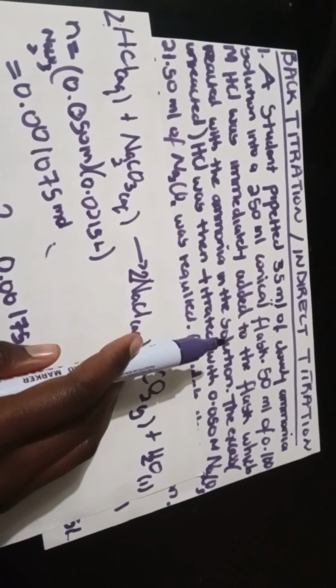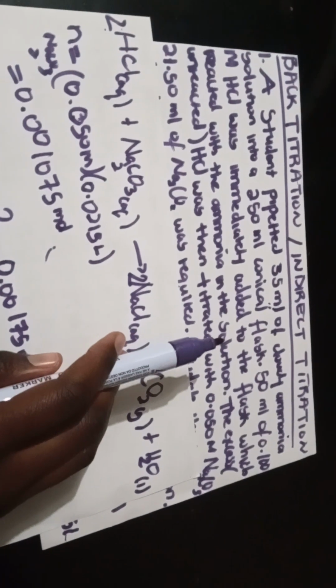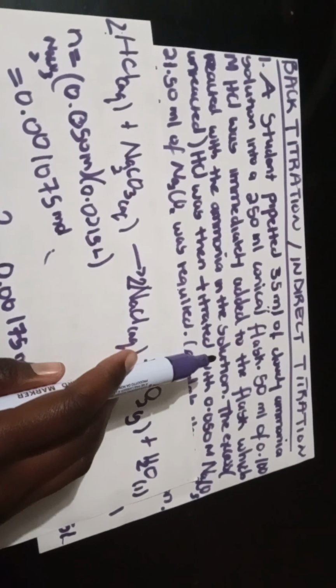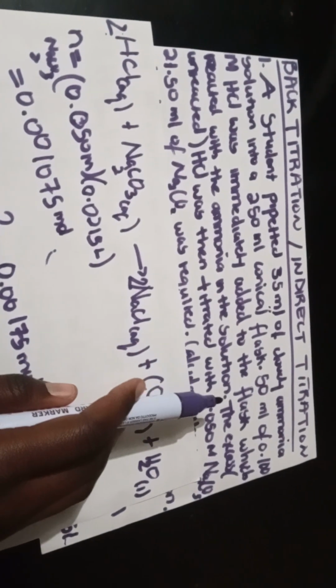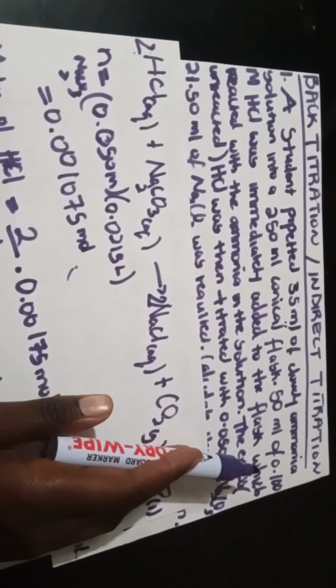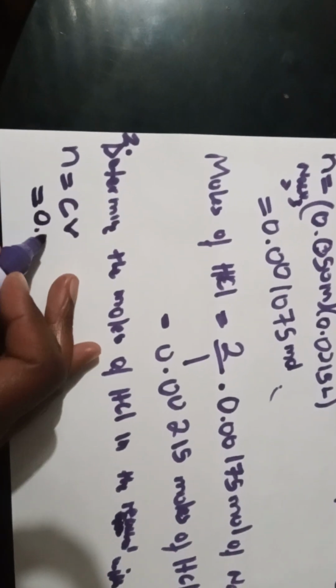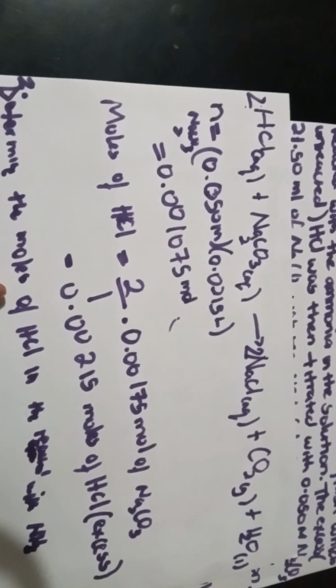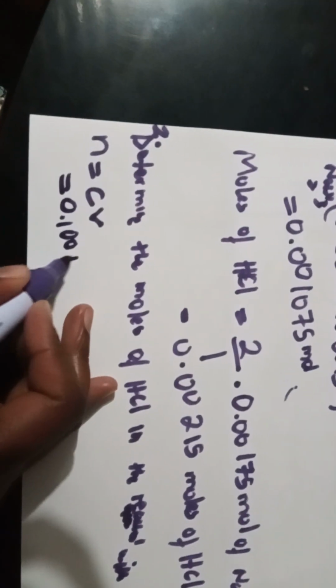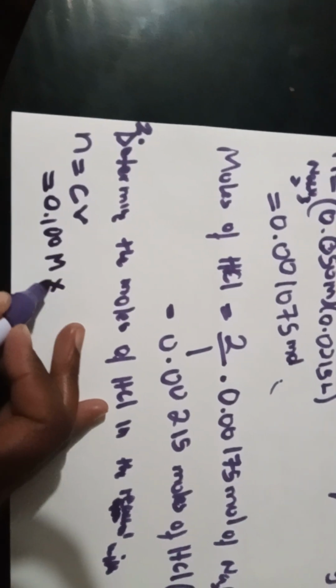We are looking for the original moles of hydrochloric acid that was immediately added to the ammonia solution. So as you can see, we already got our concentration, which is 0.10 mole multiplied by the volume.